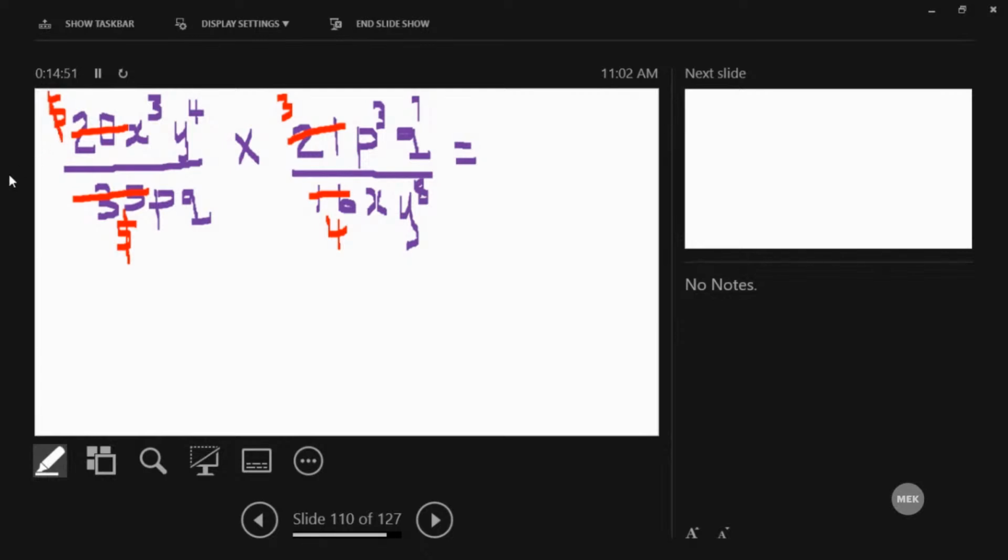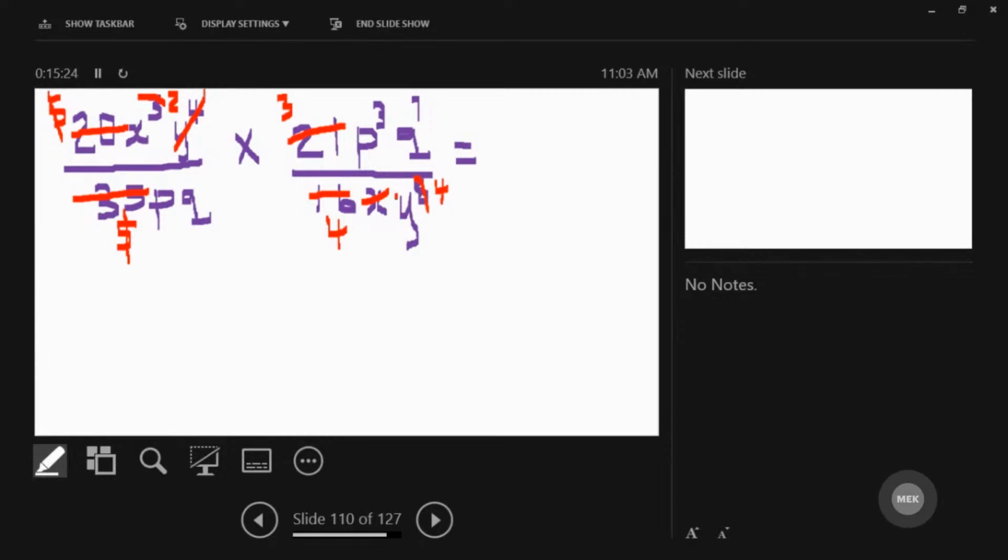Okay. In terms of the variables now, the letters. So this is x to the first power. So we can cancel that and cross out the 3 and put 2. So x cubed divided by x leaves x squared. y to the fourth power goes into y to the eighth power and leaves 4.